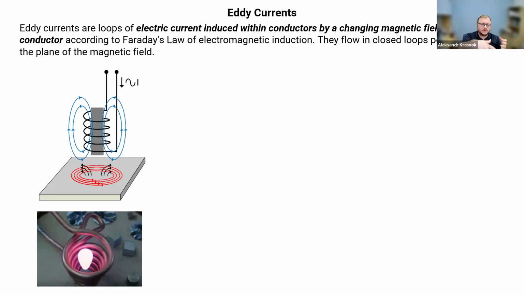Magnetic field just penetrates through this large metallic object and creates the currents inside of this object, heating this object from the inside and from all around its volume. It's much more efficient than just heating, burning some foils and whatever from one side. But usually this effect is considered to be negative.